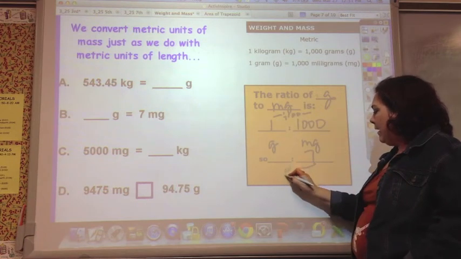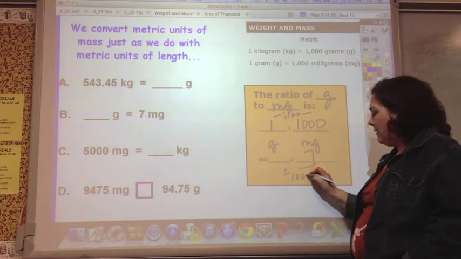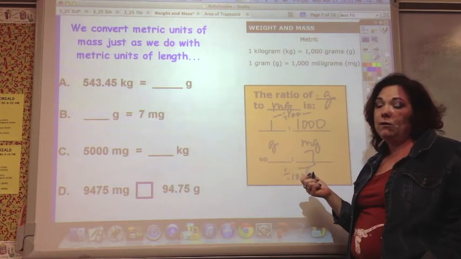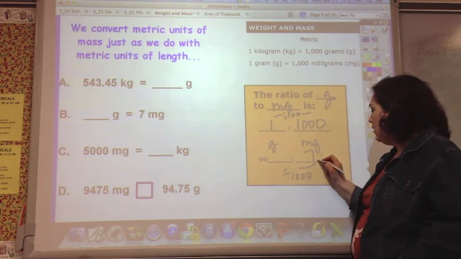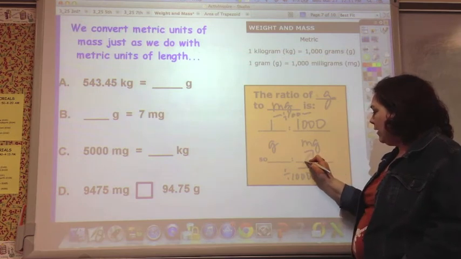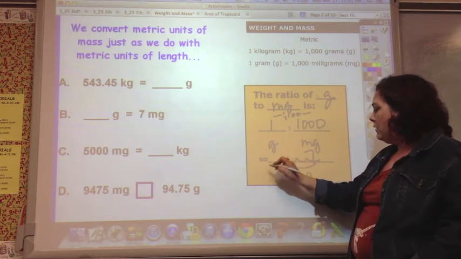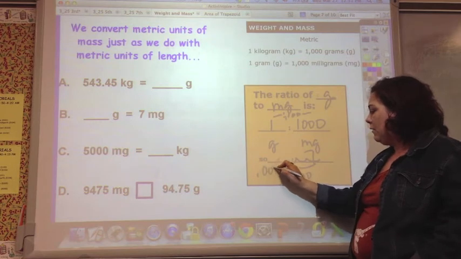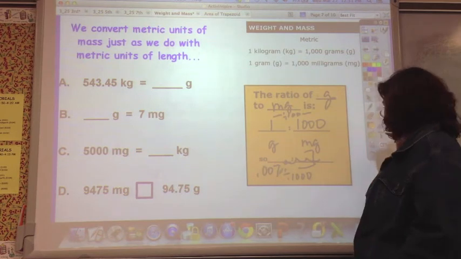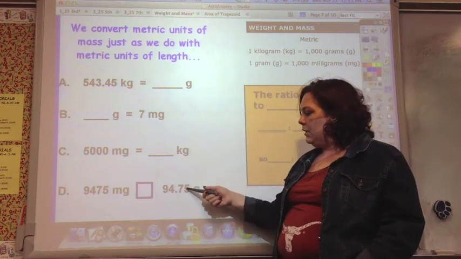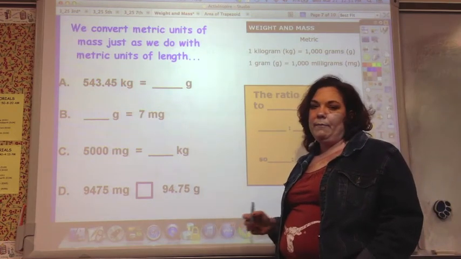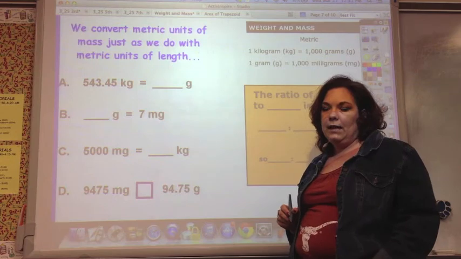Dividing by 1,000, you move your decimal point 3 places to the left. So my decimal point's here, 1, 2, 3, so it's 0.007. Then you do these two and see what you come up with and come back and check your answer.